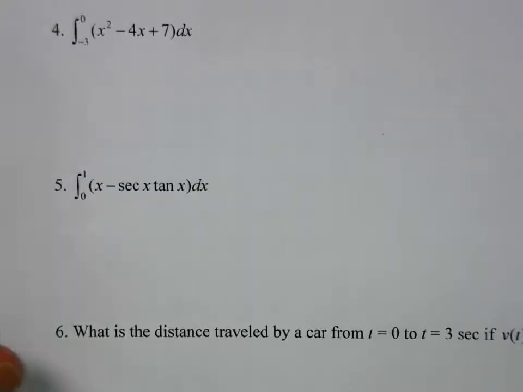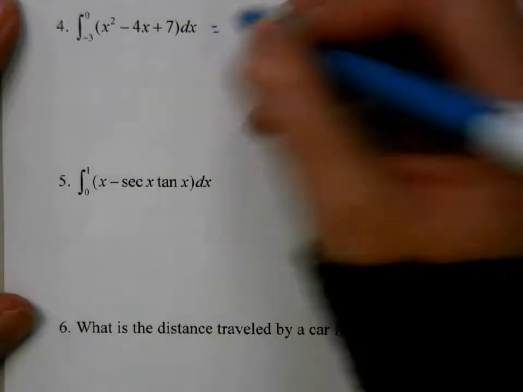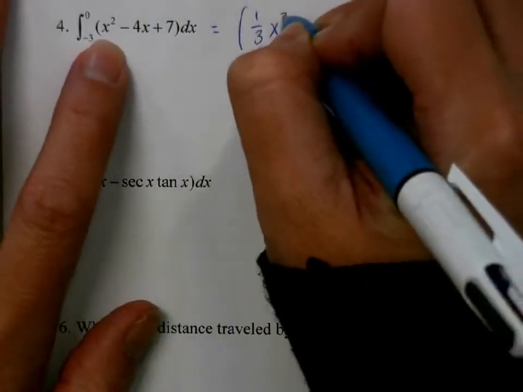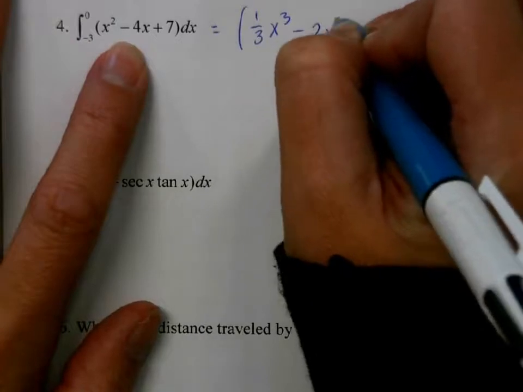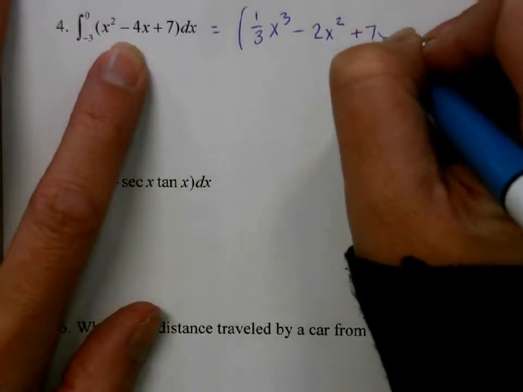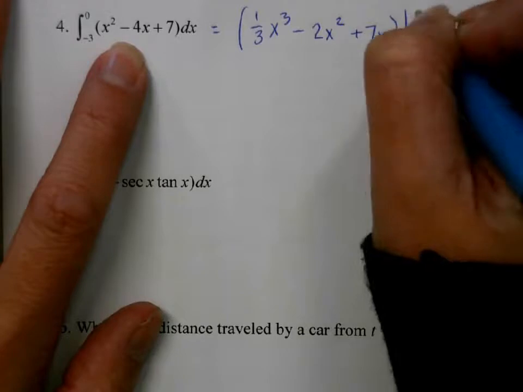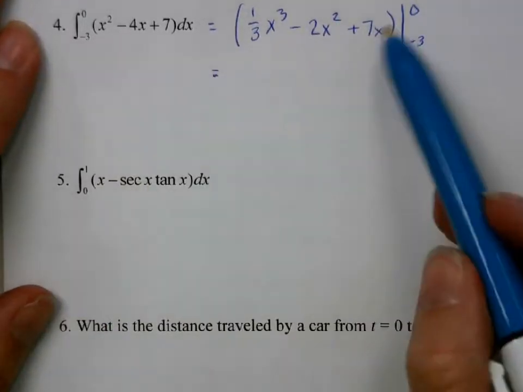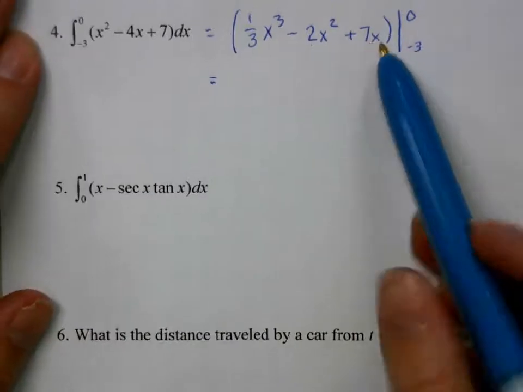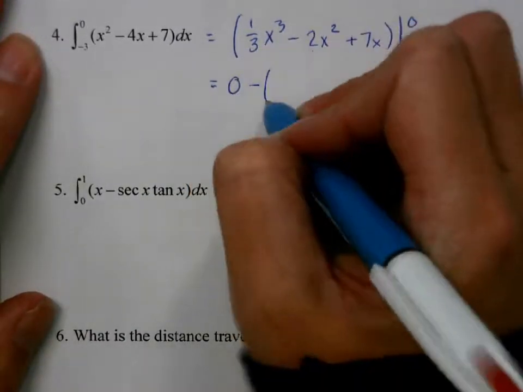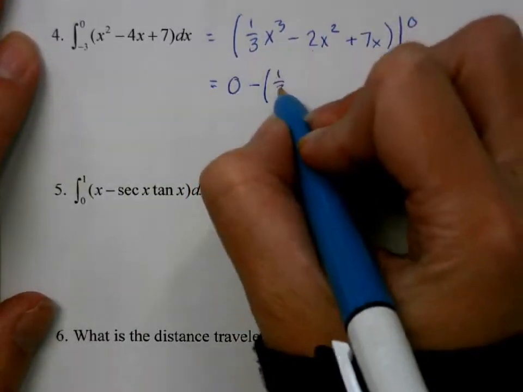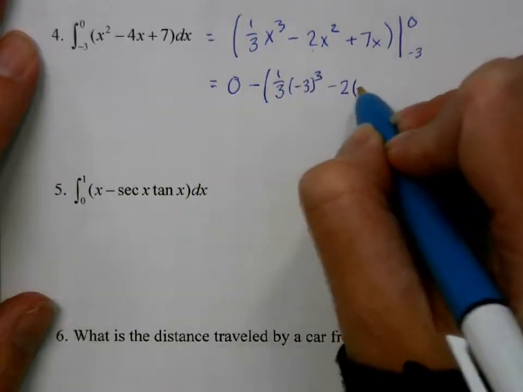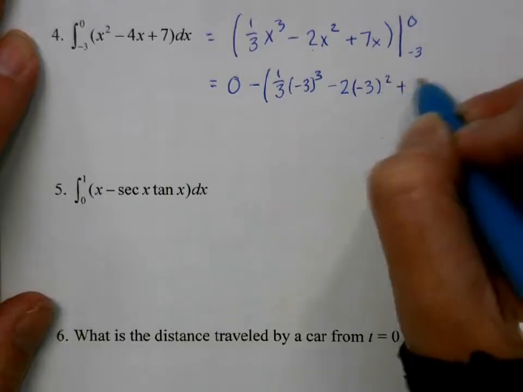Okay, so our next one, take our antiderivative. So that'll be 1/3 x cubed minus 2x squared plus 7x, evaluated from negative 3 to 0. So if I plug 0 in, all three of these are going to become 0. So then I'll have 1/3 times negative 3 cubed minus 2 times negative 3 squared plus 7 times negative 3.